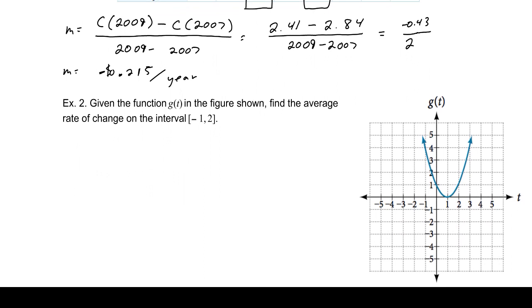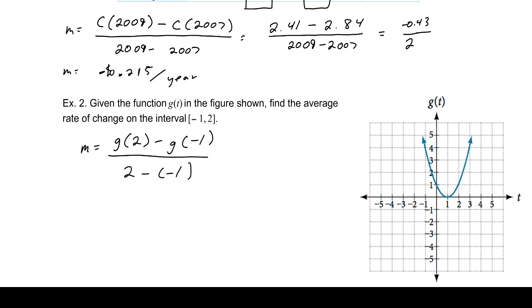Example 2, given the function g of t in the figure here, find the average rate of change on the interval negative 1 to 2. All right, well, as we wrote earlier in that formula, I'm going to find f of 2, which in this case is actually g, so let me call it that. So g of 2 minus g of negative 1 divided by 2 minus negative 1.